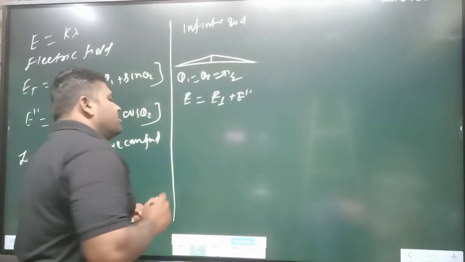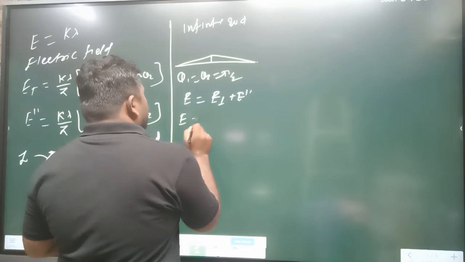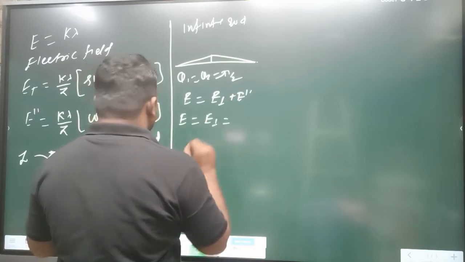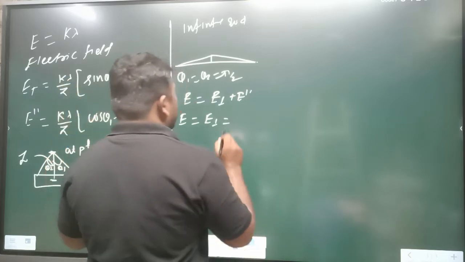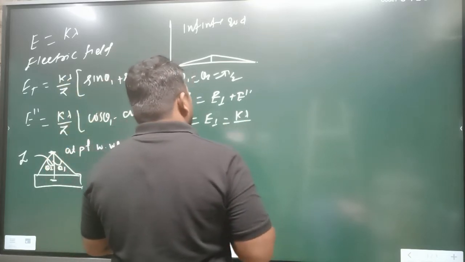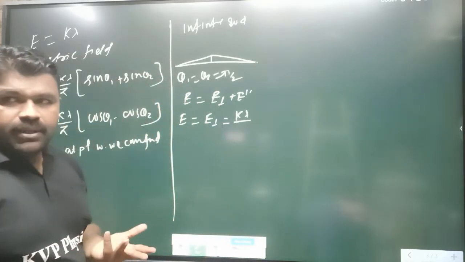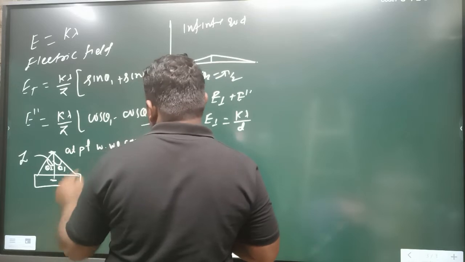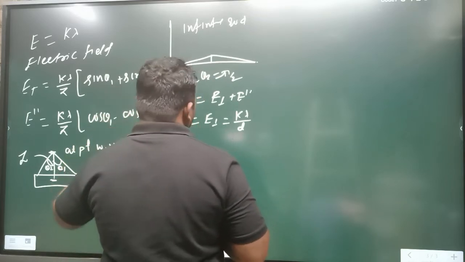Only the perpendicular component will survive. E perpendicular is equal to K lambda upon Z. Sometimes we take D, suppose D is the distance. K lambda upon D, sin theta 1 plus sin theta 2.